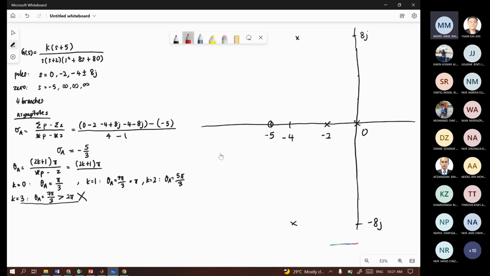So there will be a root locus on this region, because we only have one pole and it's an odd amount of poles. Then from -2 to -4, we have two poles. So two poles meaning that there is no root locus on this real axis portion.